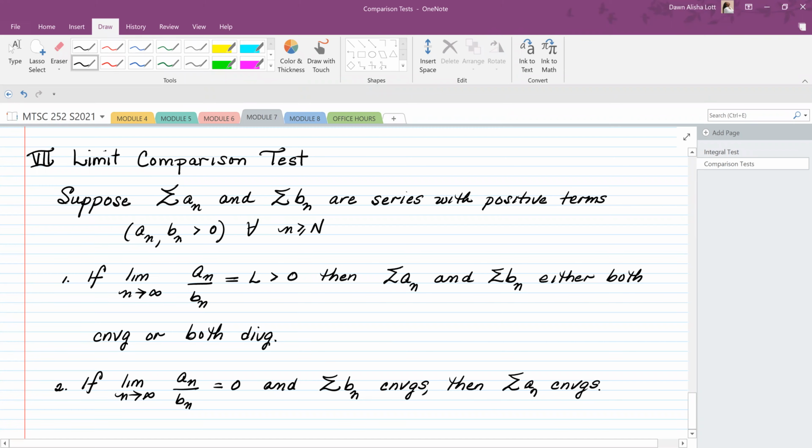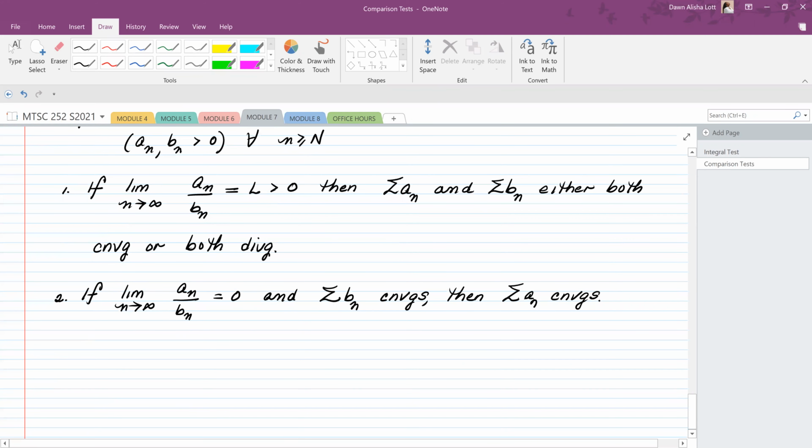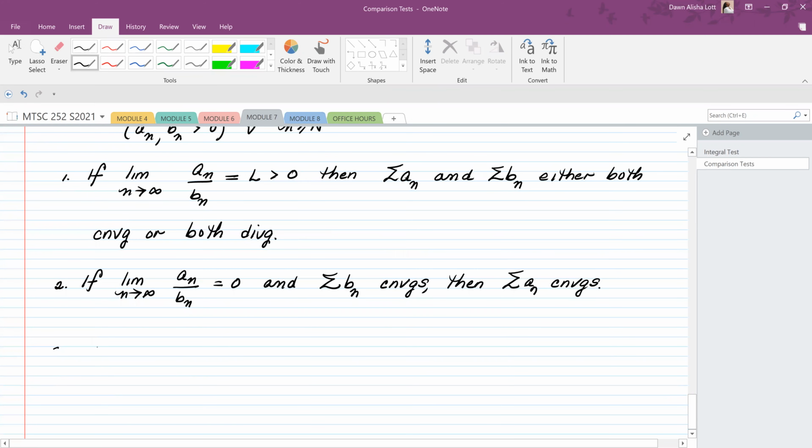And the last part, if the limit as n approaches infinity of an over bn is infinity, and summation an diverges, then summation bn diverges as well.